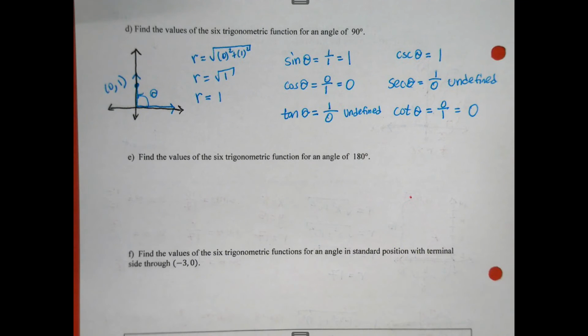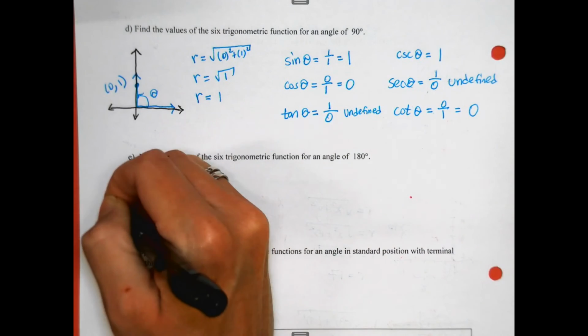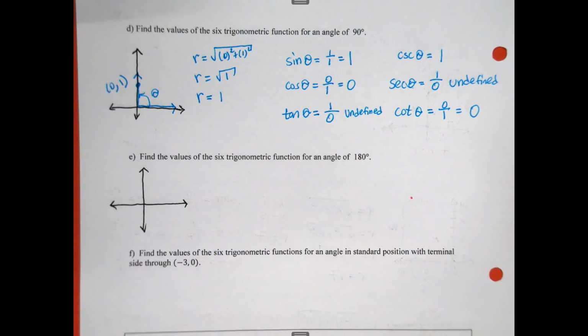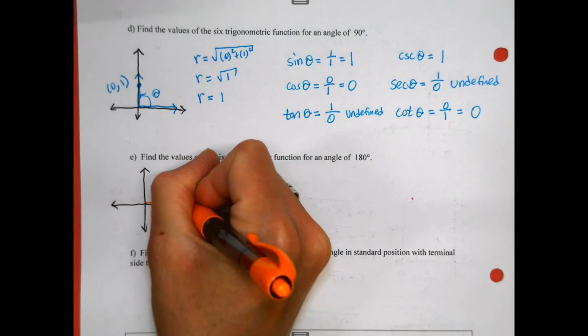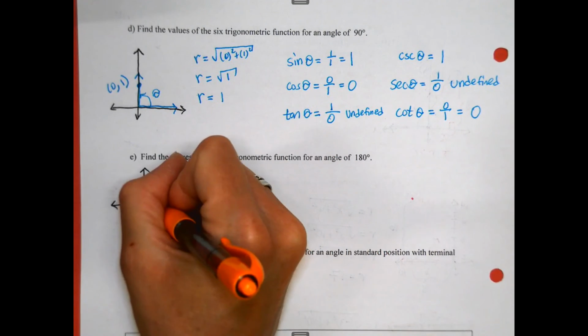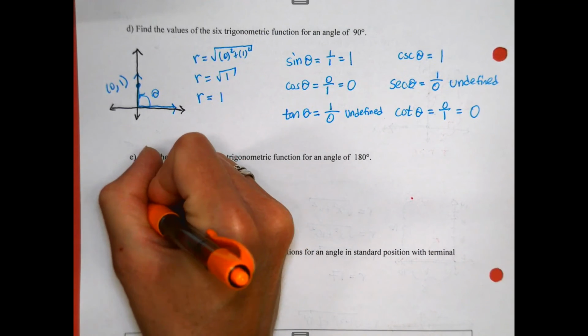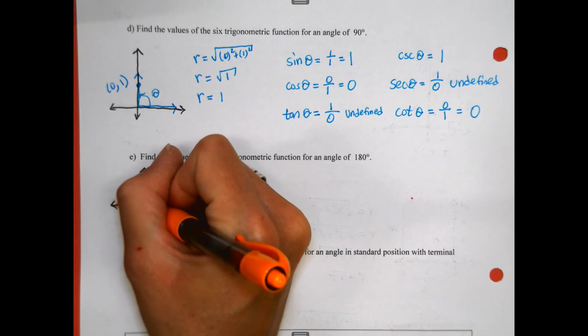Part E says to do the same thing, but for an angle of 180 degrees. An angle of 180 degrees will start on the positive x-axis, rotate, and end on the negative x-axis. And we can choose any point.